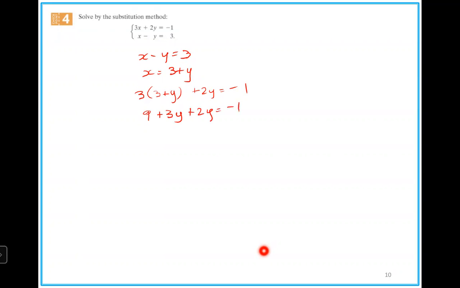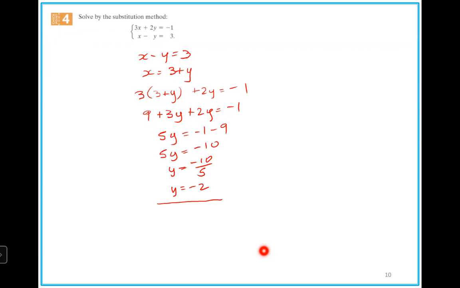5y equals -1 minus 9. 5y equals -10. y equals -10 divided by 5, which equals -2. Okay, so now we know y is -2.